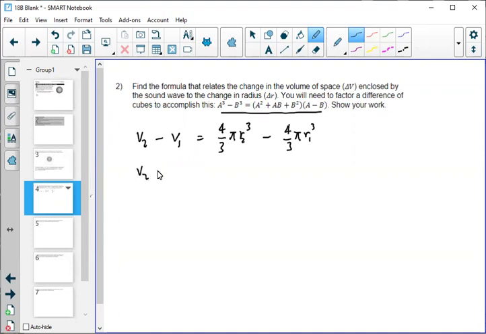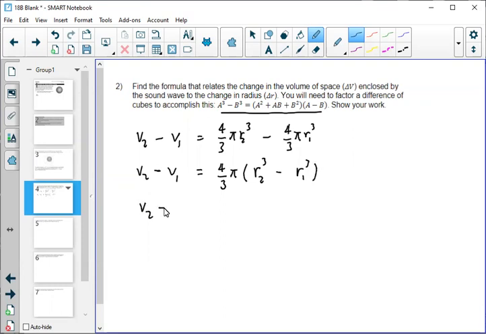So then we have V2 minus V1 still equals, if we factor out the terms common, 4/3 pi, and then parentheses, R2 cubed minus R1 cubed.